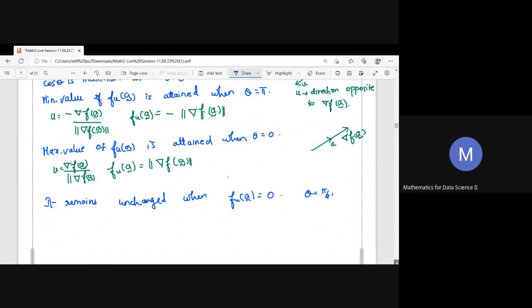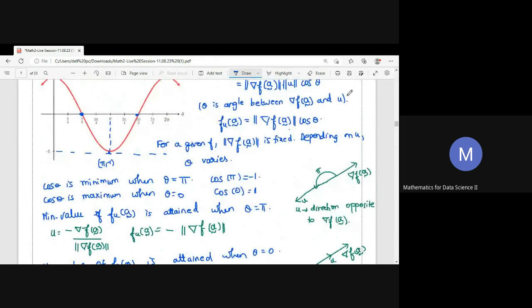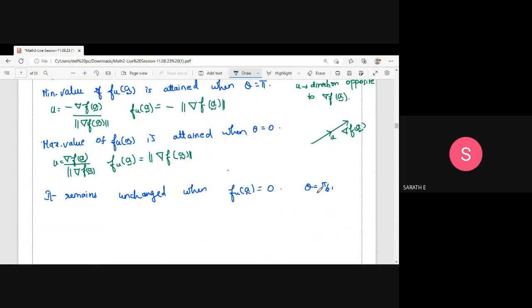What is meant by pi by 2? When theta is equal to pi by 2, we are considering the perpendicular direction, perpendicular to the direction of the vector del f of a tilde.